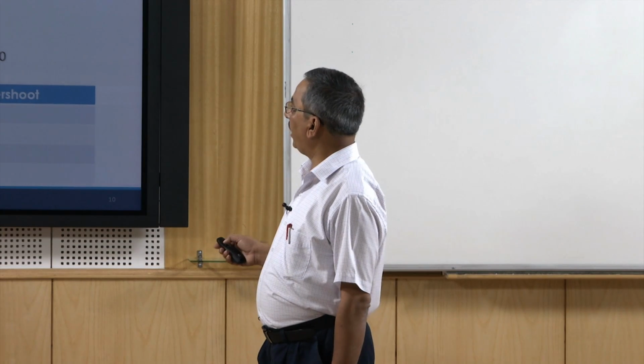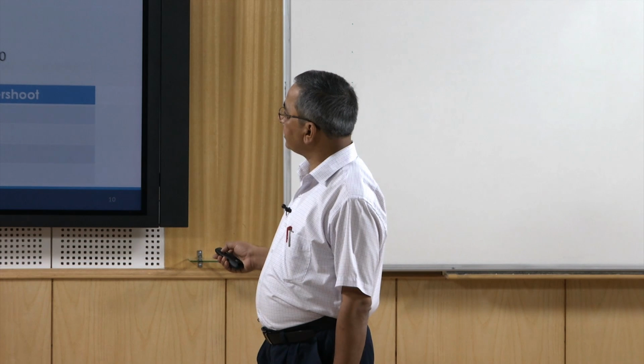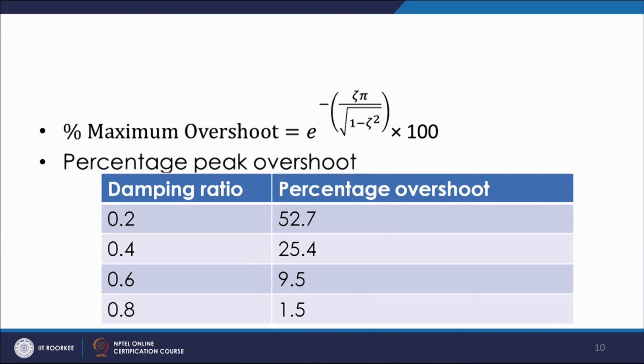As you can see, as the damping ratio changes, your percentage peak overshoot changes. I can substitute different values of damping ratio and find my percentage overshoot.